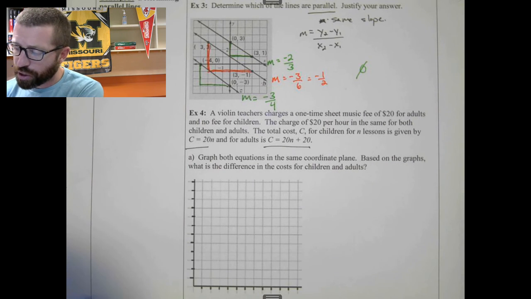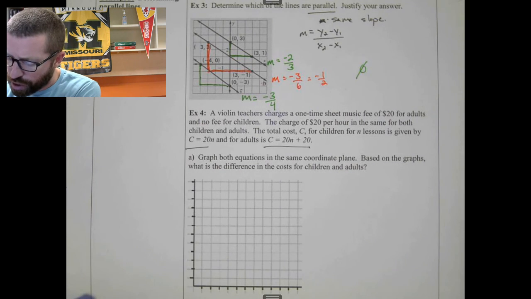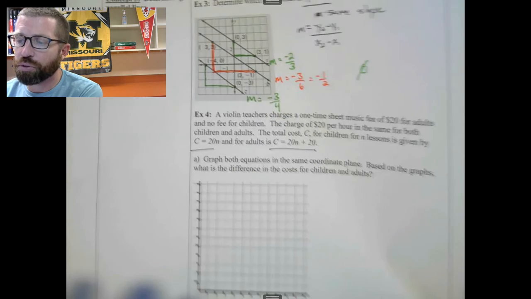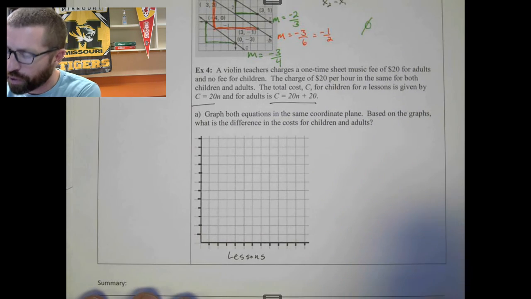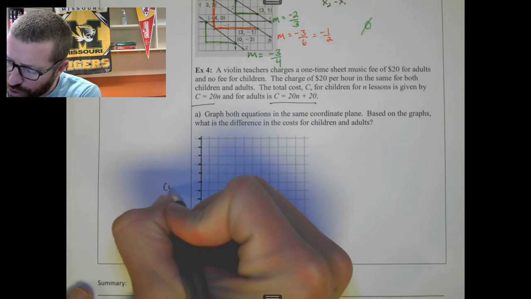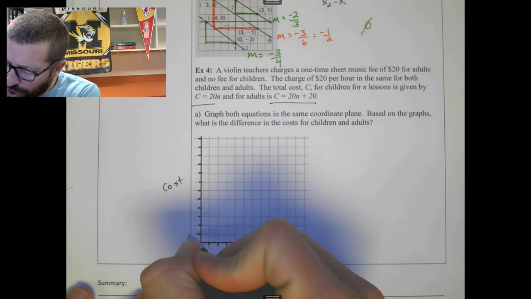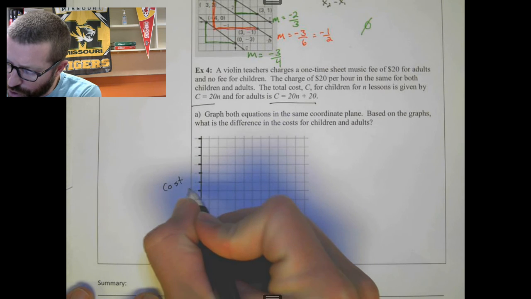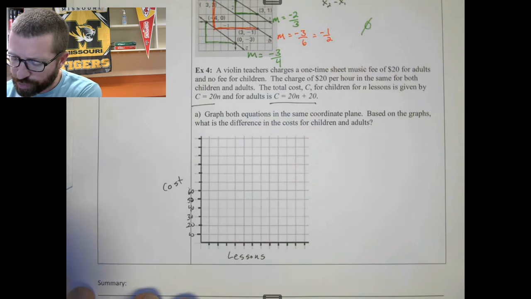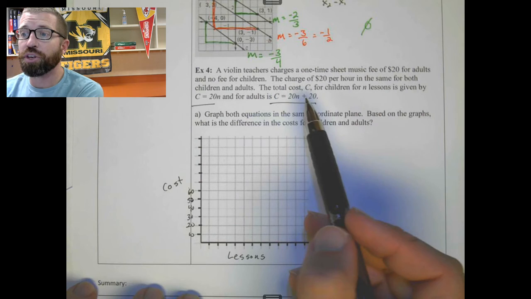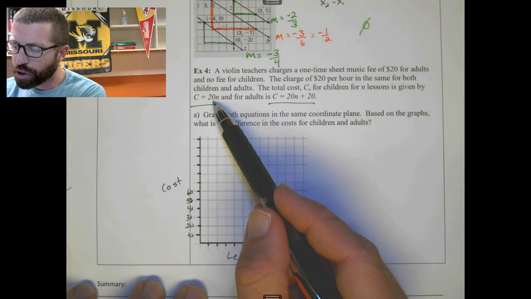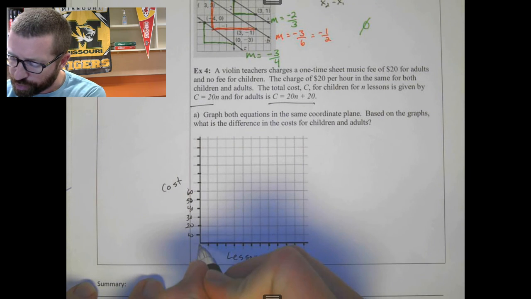Okay, so let's take a look at these graphs. We'll put lessons down here, and then we'll move that up so you can see it, and then we'll put the cost here. And let's go by 10. So 10, 20, 30, 40, 50, 60, and so on. We can graph this because both of these are solved for y, or solved for C. So here the y-intercept is 0.